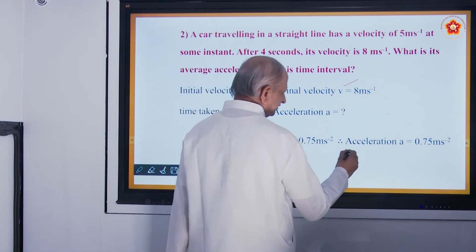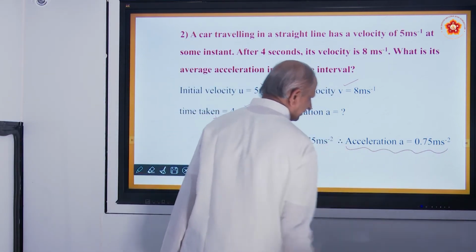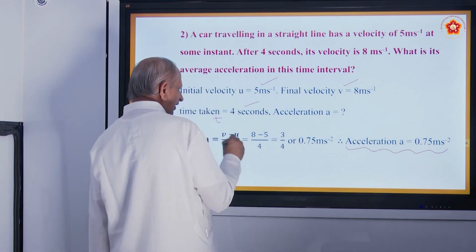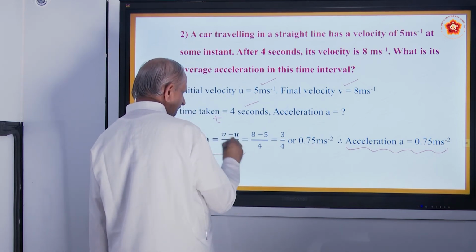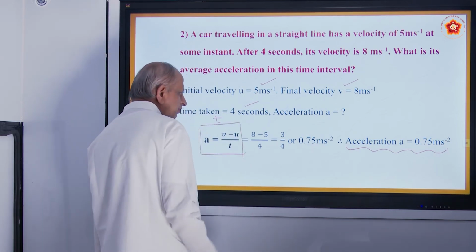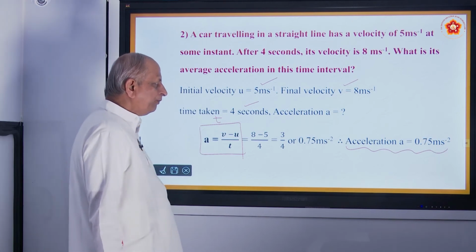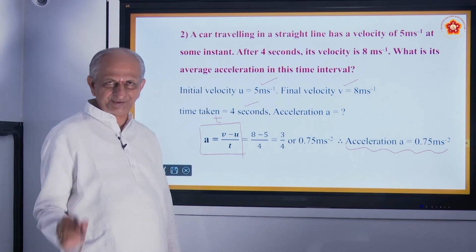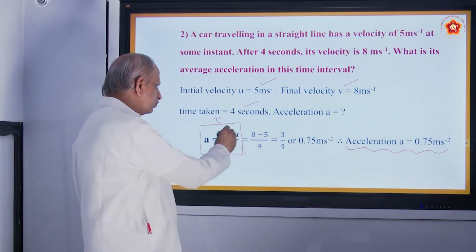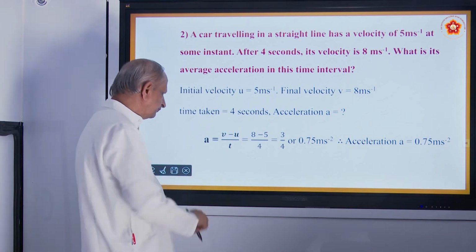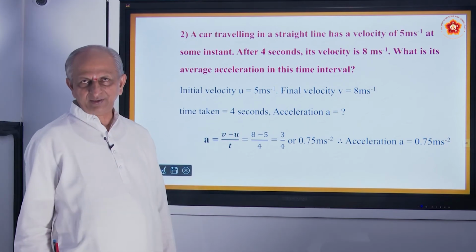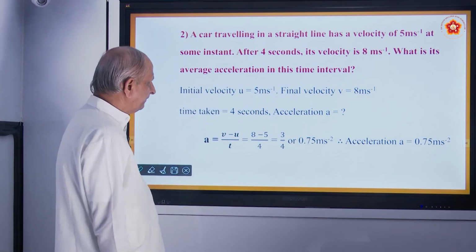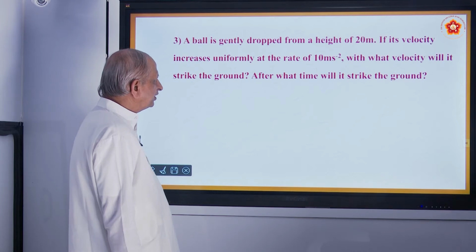So that is the acceleration. And what is the formula used? First formula, A is equal to v minus u by t. Very simple problem, is it not? What is u? Initial velocity. What is v? Final velocity. T is time, okay.